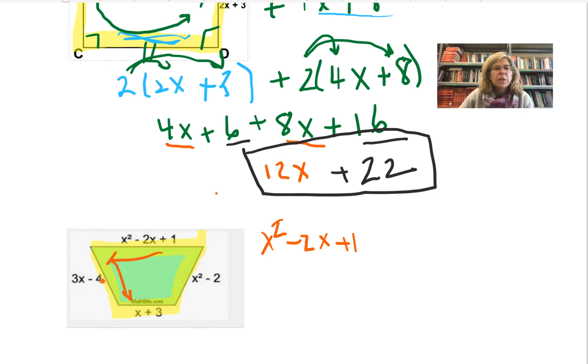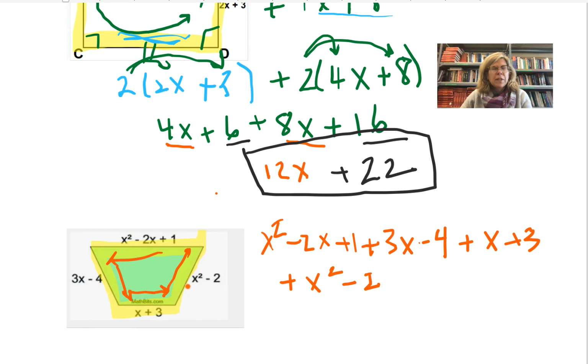To the left is 3x minus 4, so plus 3x minus 4. Then if I go to the left again, x plus 3, plus 3. And then if I go up, this is x squared minus 2, so plus x squared minus 2.